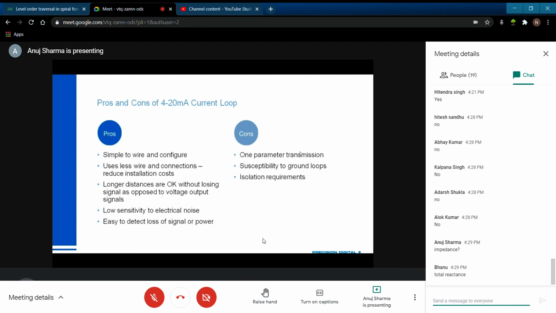And the last 2 bullets here under con tie together, which is susceptibility to ground loops and the isolation requirements to avoid them.